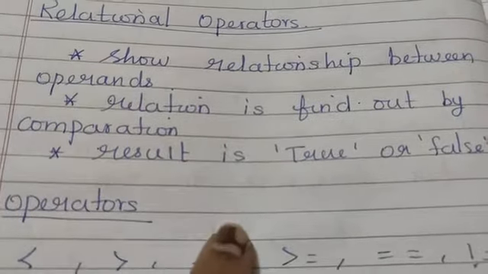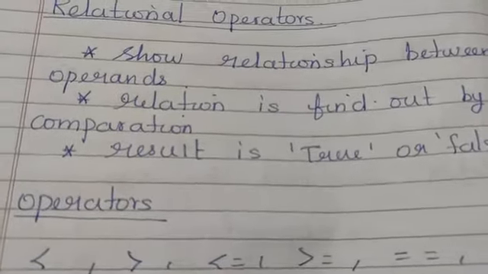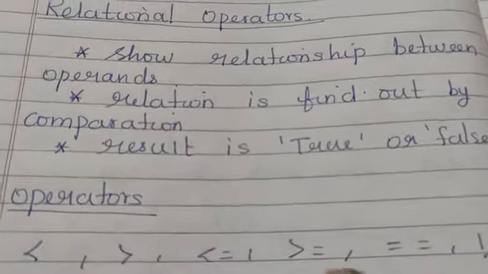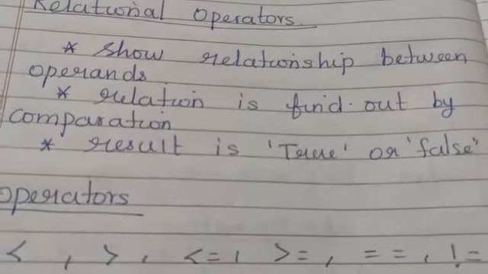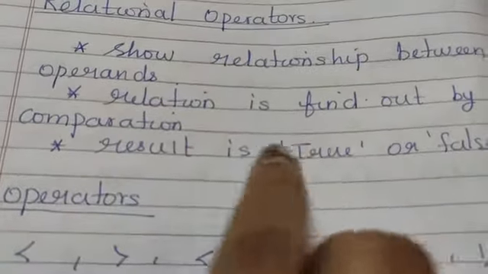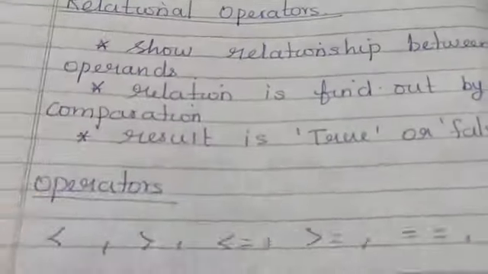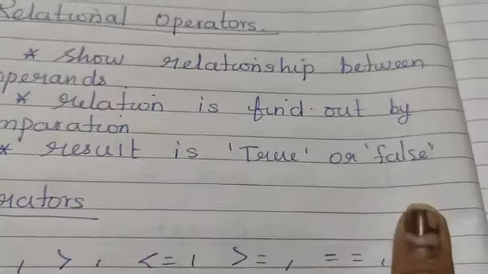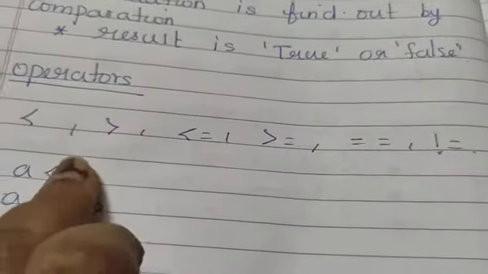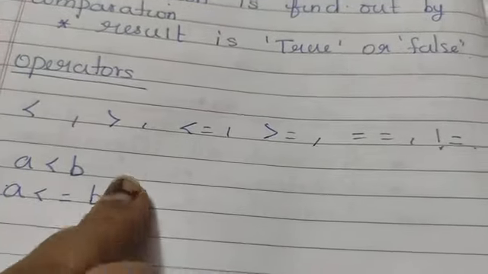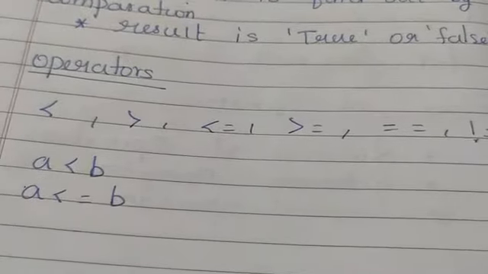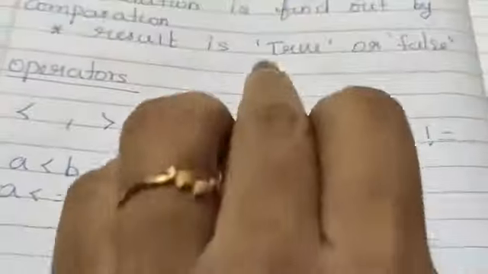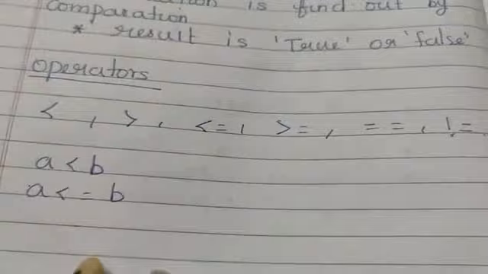Obviously by comparing only we can say whether the first operand is greater or smaller or equal to the other operand. So the result is either true or false. If it is greater, it is going to say true. Yes or no, like that only it is going to say. That is true or false.